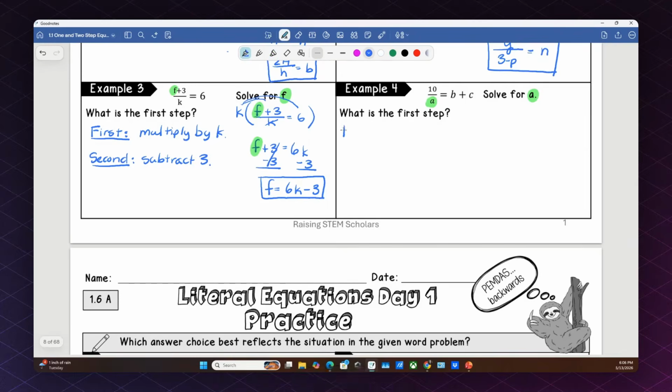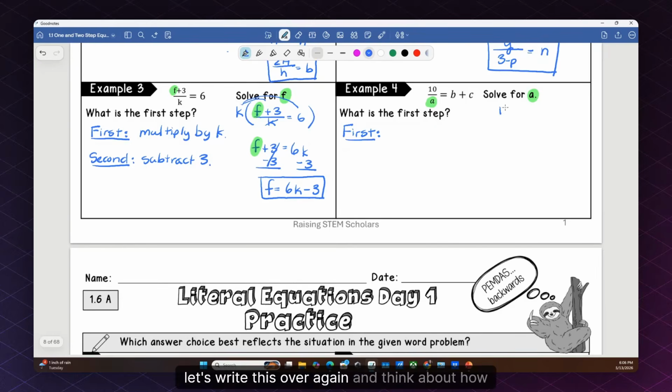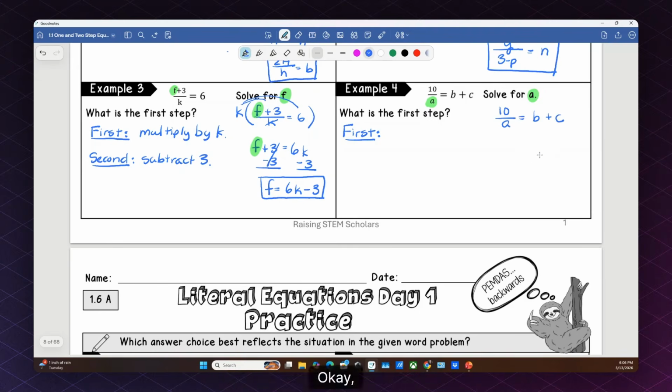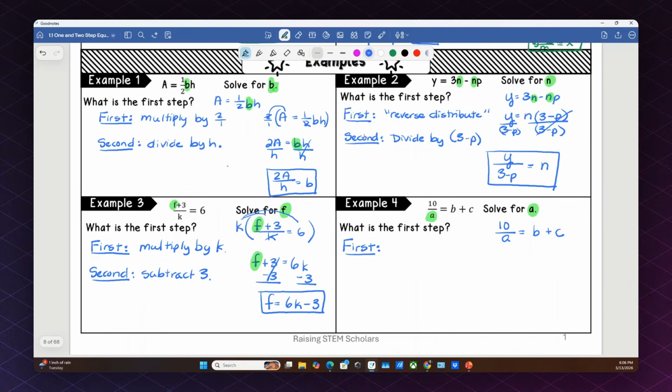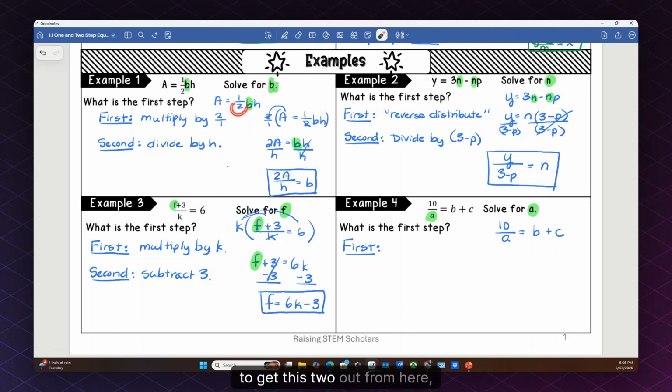So let's see. We're going to write this over again and think about how we're going to get this a out of the bottom of the fraction. Well, just like up here, to get this 2 out from here, we had to multiply by 2.